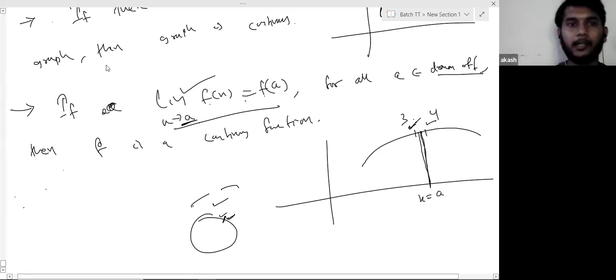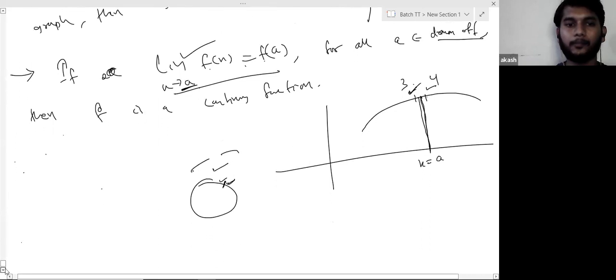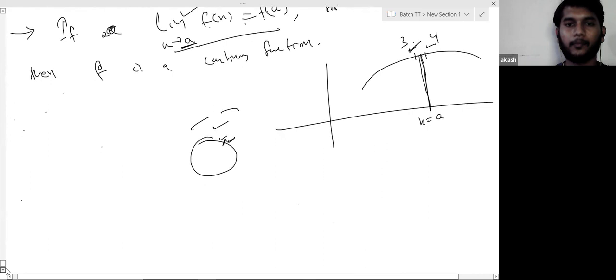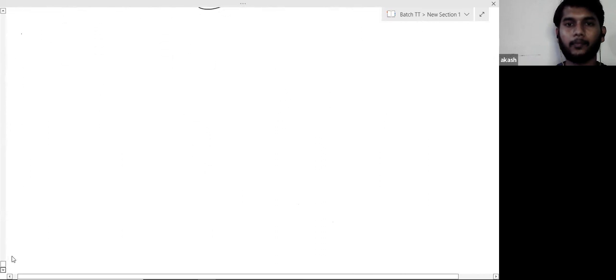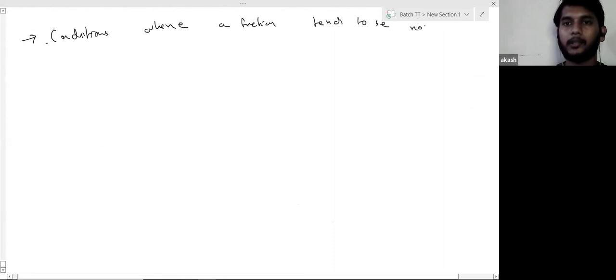So let's break this down into a few parts. Conditions where a function tends to be not continuous.